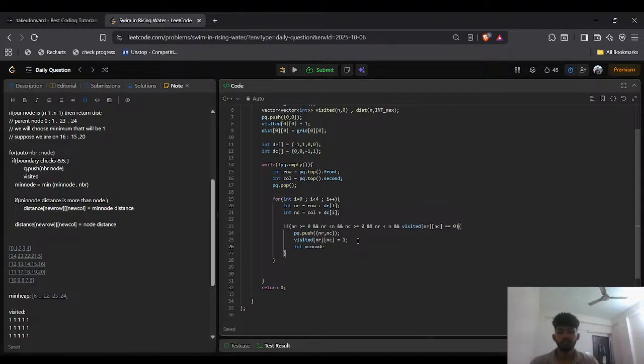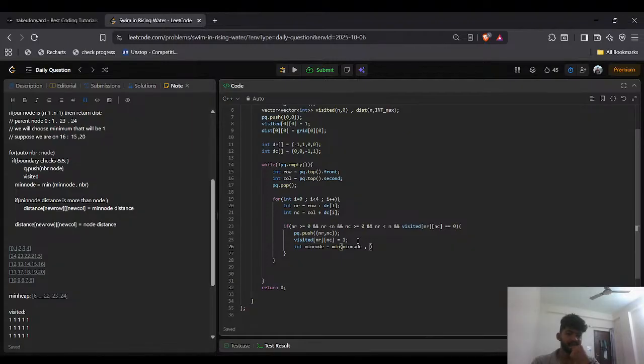Min node equals minimum of... If it's in the boundary and not visited, the minimum node will be... Oh my god. Min node, or what is min node then?